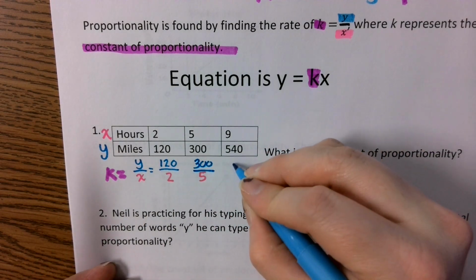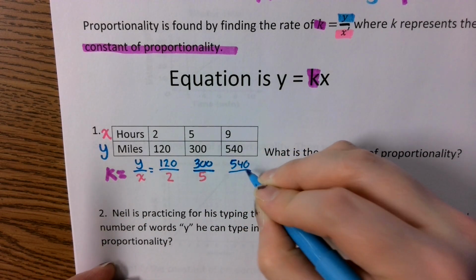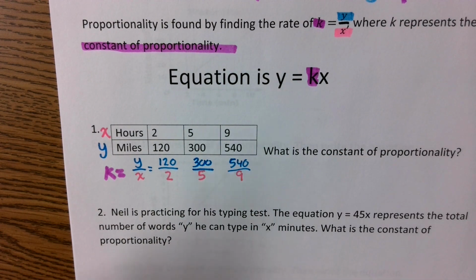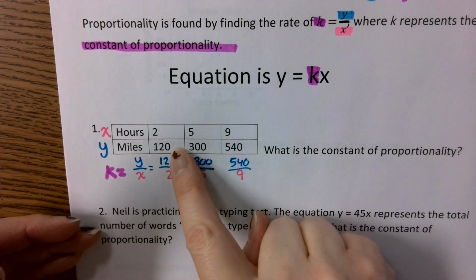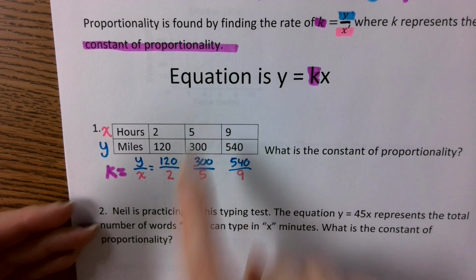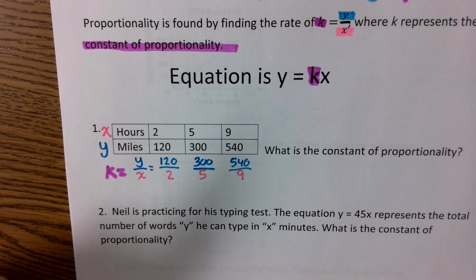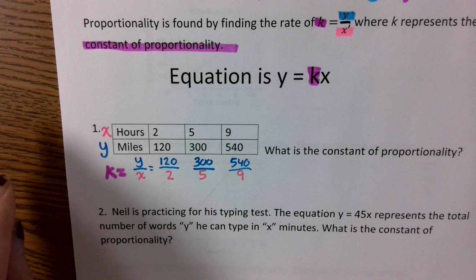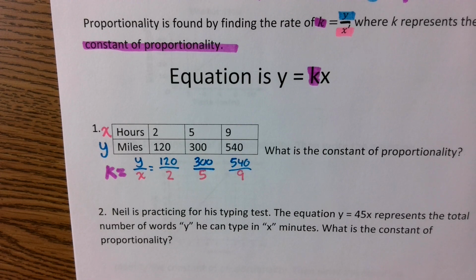And we'll do 540 and divide it by 9. Okay, we're taking each individual y and dividing them by their corresponding x, the x that's paired up with it. And then we want to see, remember, if it's proportional, they should all equal the same value.